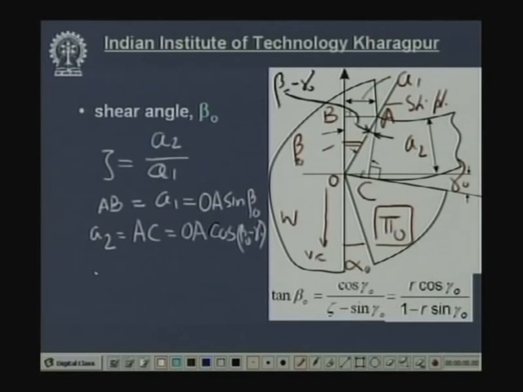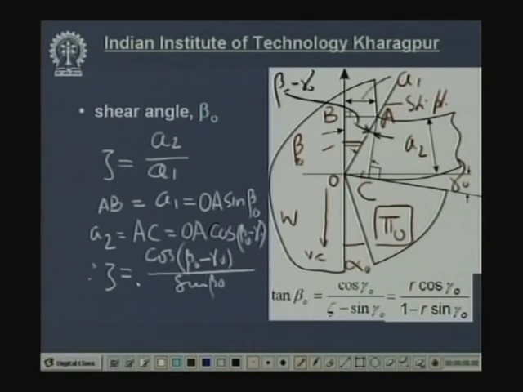Therefore, what we get? Zeta is equal to OA cancels, so this will be cosine (beta minus gamma) divided by sine beta.